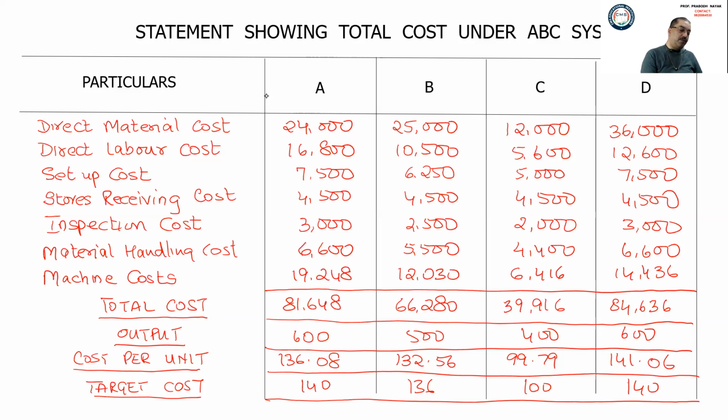Therefore, there is no problem in reducing the selling price of these products by 5 rupees.